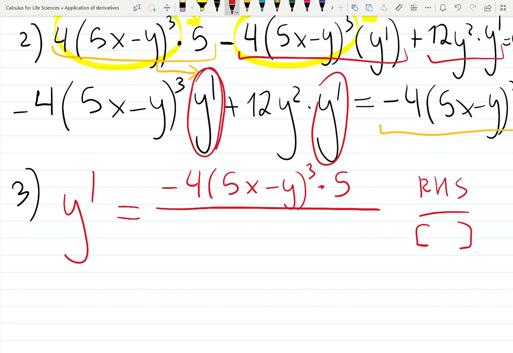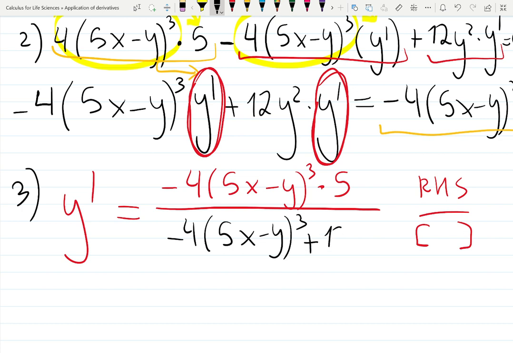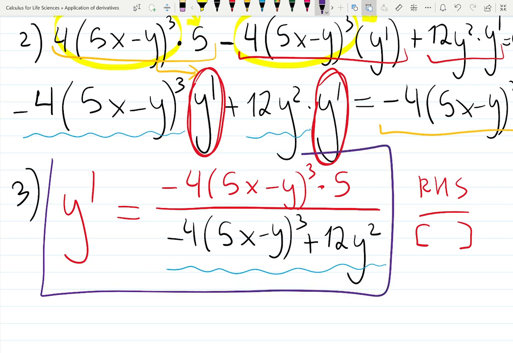I even circle it for you. So I'm factoring out these pieces. Whatever is left will be going into the denominator, which is minus 4 times 5x minus y cubed plus 12y squared. Let me underline this piece and this piece goes into the denominator, and this is the answer.